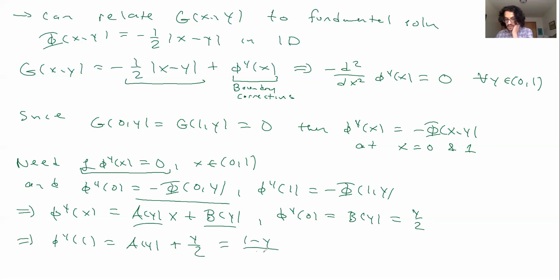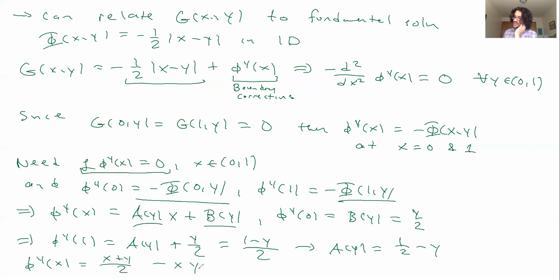And this is equal to minus big Phi(1,y), which is (1 - y)/2. And we get a(y) is equal to a half minus y. Okay. So our full boundary correction term then is x/2 plus y/2 minus xy.